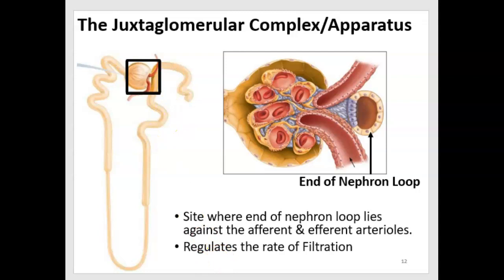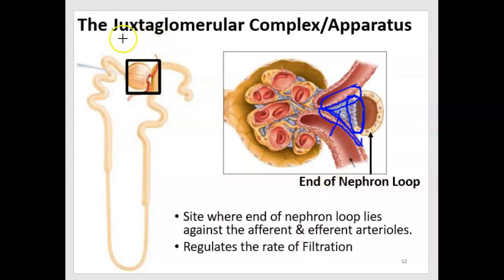So if we look in more detail, in a more magnified view of the region that the box is showing here, we see that there is a connection. These purple cells right here are part of the ascending limb of the loop of Henle, some extra cells, as well as the wall of these arterioles. So there are some physical connections here.